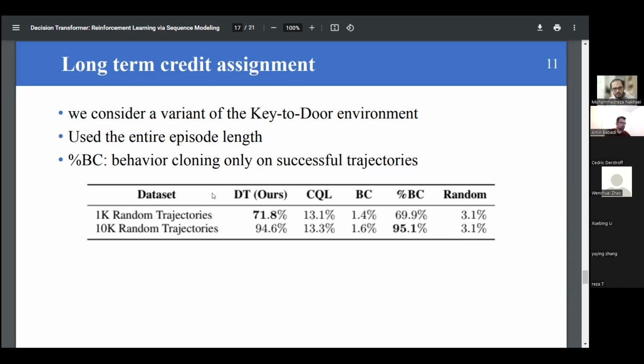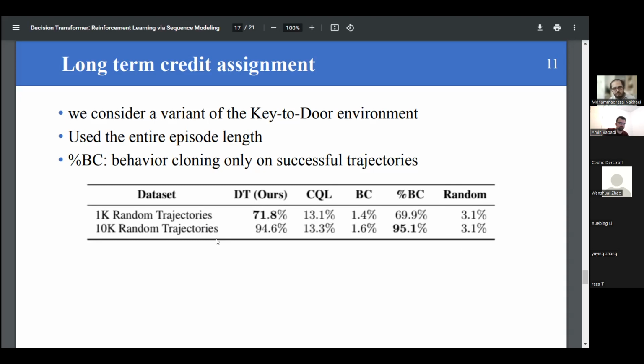As you can see, after training on 100 random trajectories, the decision transformer was able to successfully unlock the door roughly 72% of the time, while other algorithms failed to be successful.